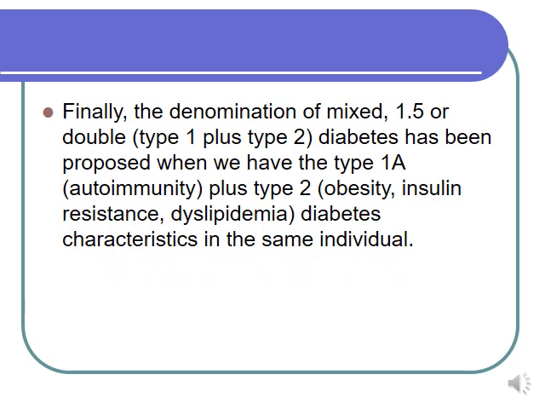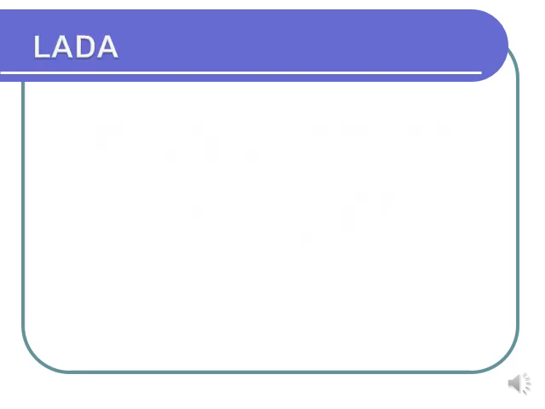Finally, the third one, the denomination of mixed or double, where there is type 1 plus type 2 diabetes, has been proposed when we have type 1A autoimmunity plus type 2 obesity, insulin resistance, dyslipidemia, diabetes characteristics in the same individual. What is LADA?